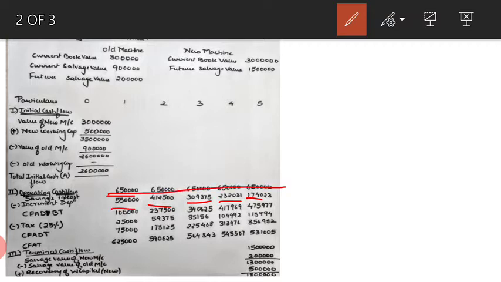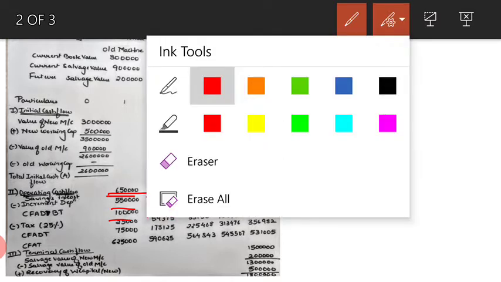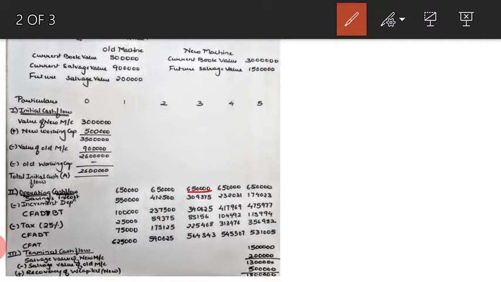So 6,50,000 minus 5,50,000 is 1 lakh. 6,50,000 minus 4,12,500 is 2,37,500. 6,50,000 minus 3,09,375 is 3,40,625. 6,50,000 minus 2,32,031 gives you 4,17,969. And 6,50,000 minus 1,74,023 gives you 4,75,097.